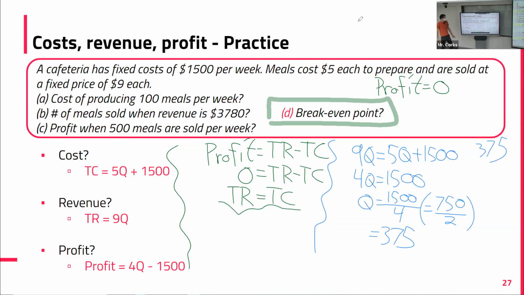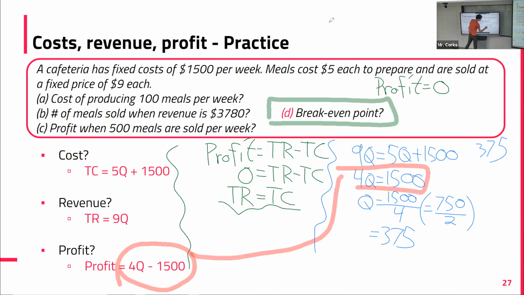So we could have also found our break-even point just directly from our profit formula, because in here, this 4Q minus 500, if we say that our profit is 0, then that looks the same as this step over here, right? So if we do TR equals TC, or if we do it from the profit equation, it's the same thing.